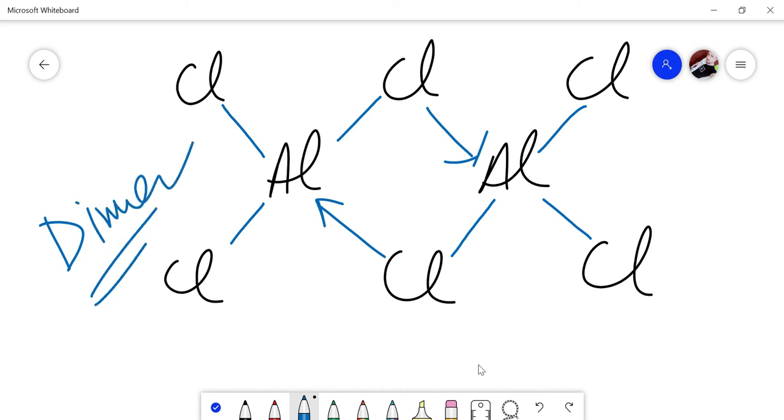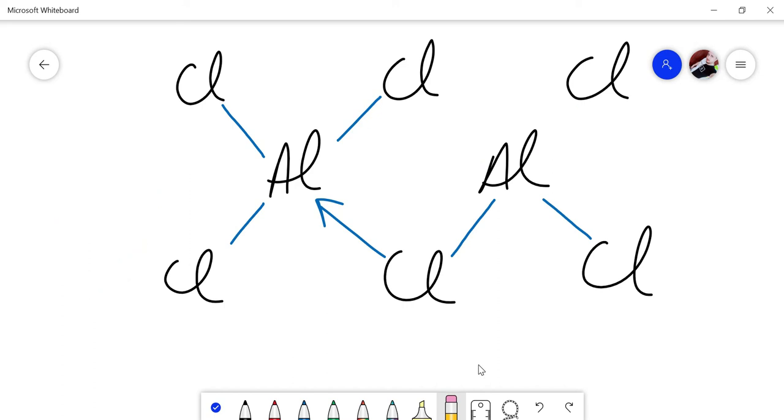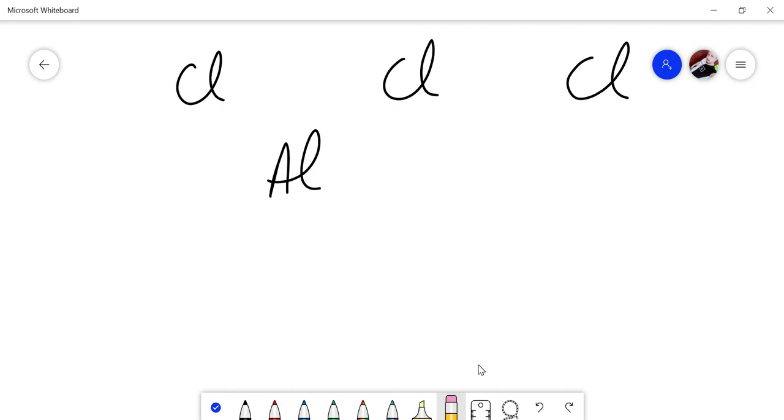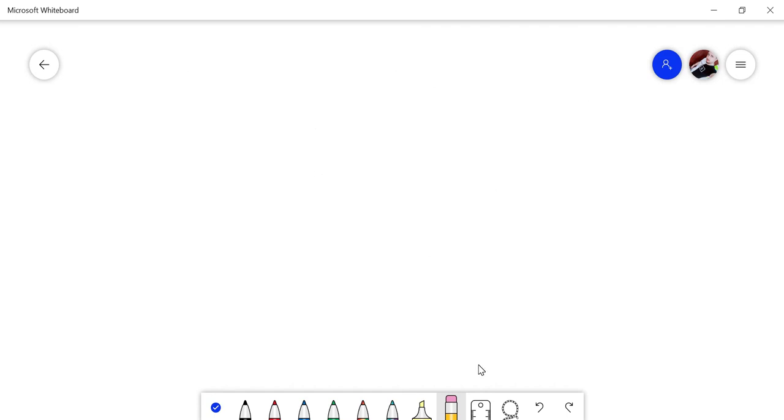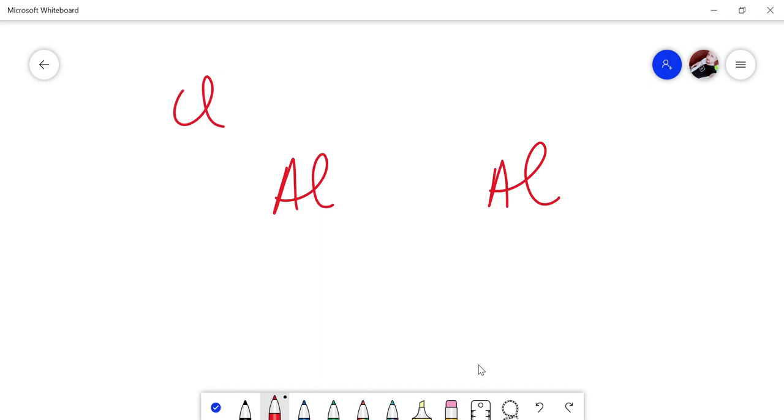This is the structure of the dimer. You will be asked about it. To draw the structure of the dimer, focus on how I did that. Going to the very beginning, 2 aluminiums are there. Keep them at the same distance. Then one Cl in the middle of those 2, and the other Cl at the corner.